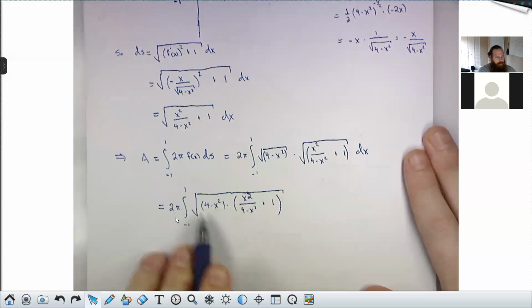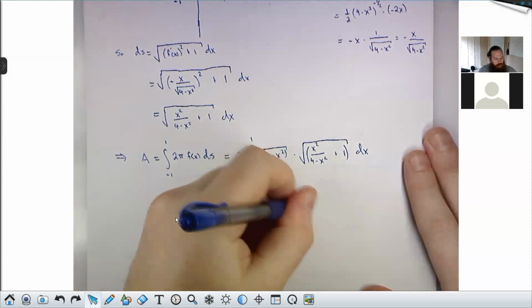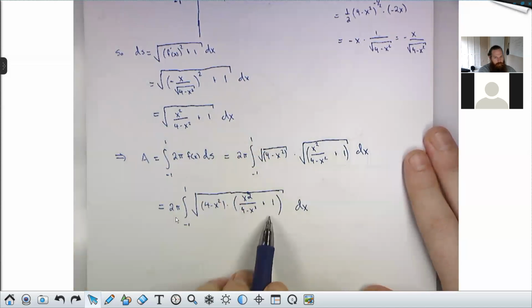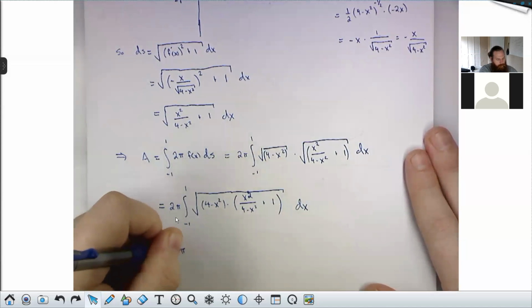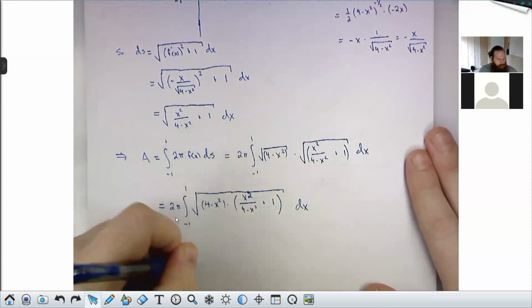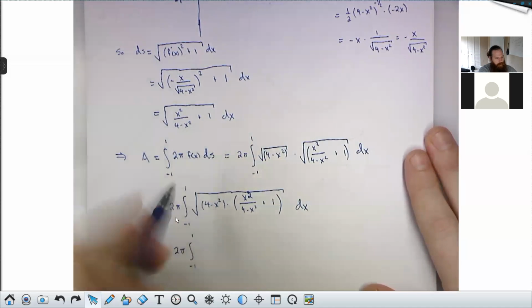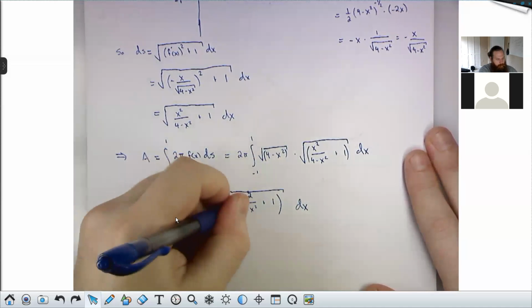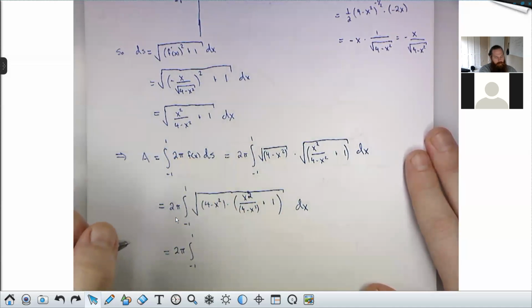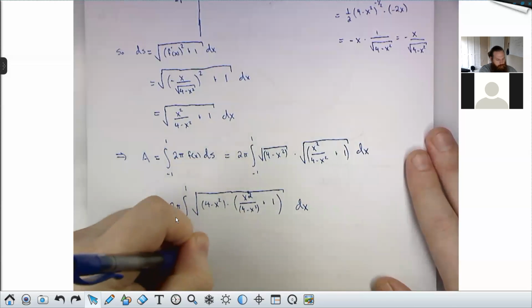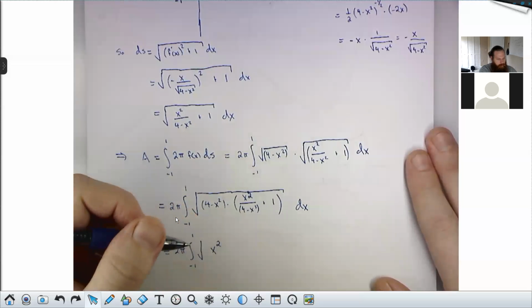Now, if you take this thing as a single chunk and distribute it over this thing, thinking of this as a chunk and this as a chunk and this whole parenthetical here as a chunk, I'll get 2 pi times the integral from -1 to 1, 4 minus x squared times x squared over 4 minus x squared. The 4 minus x squareds will cancel. And from that piece, I'll just get x squared.